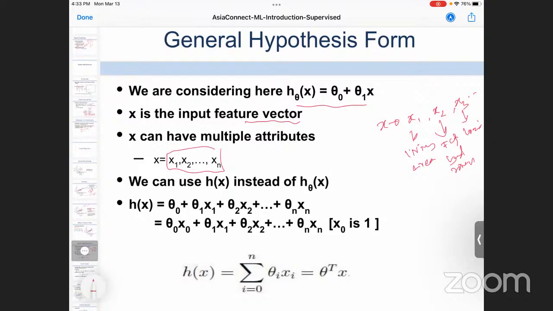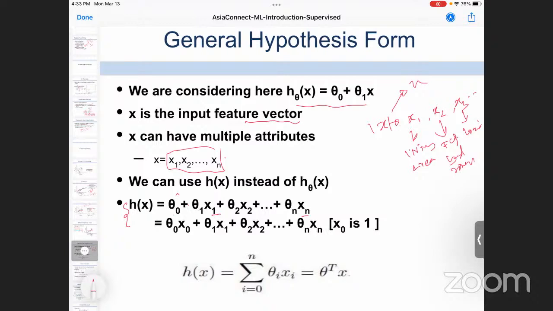And using these features, we can have a hypothesis. So this is the linear combination of the feature space, right? Theta 0 plus theta 1 x1 plus, and so on, because we are assuming that the dimension of X is n.